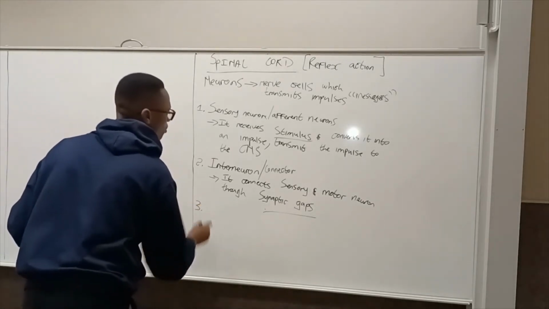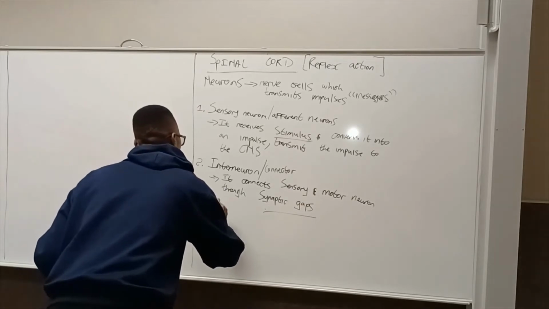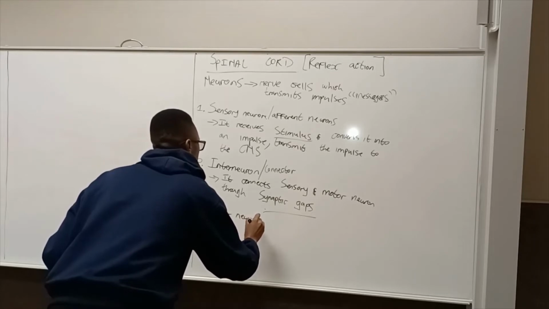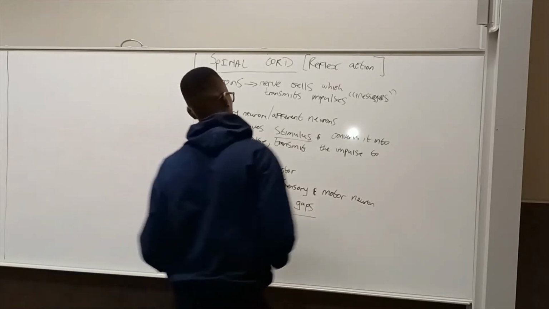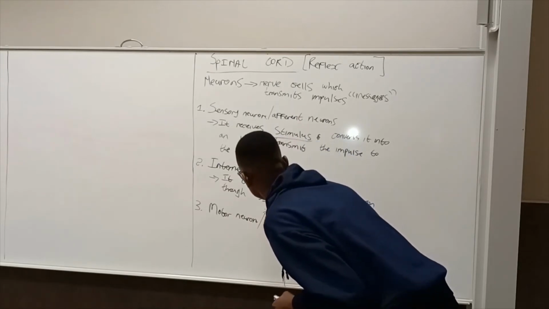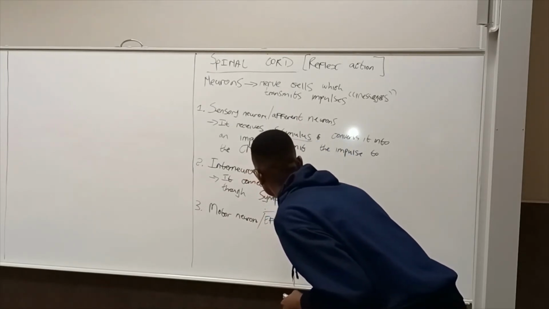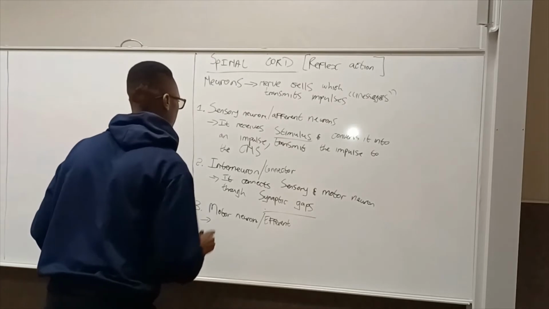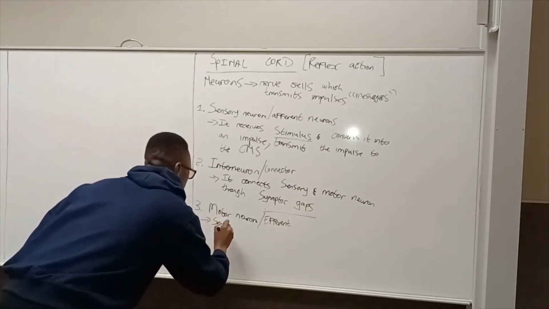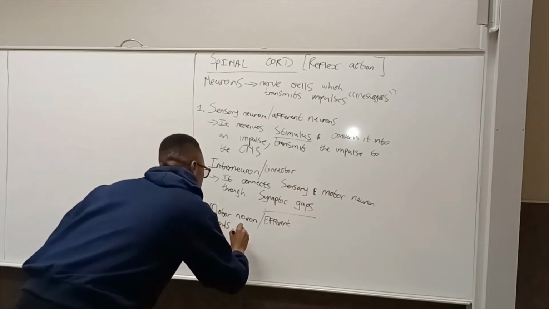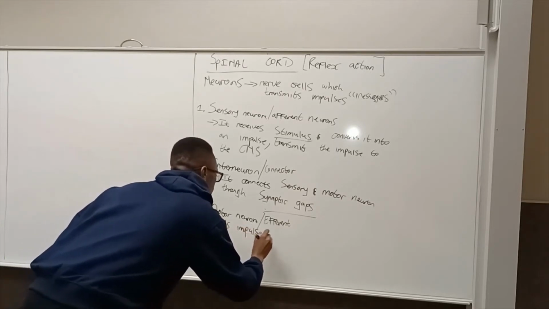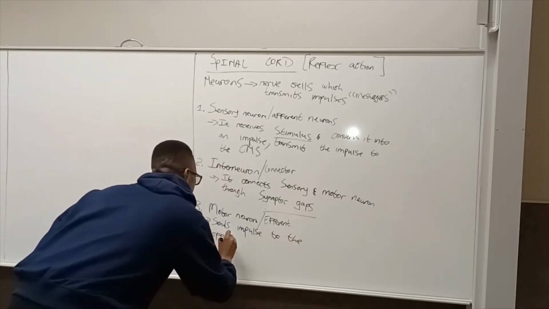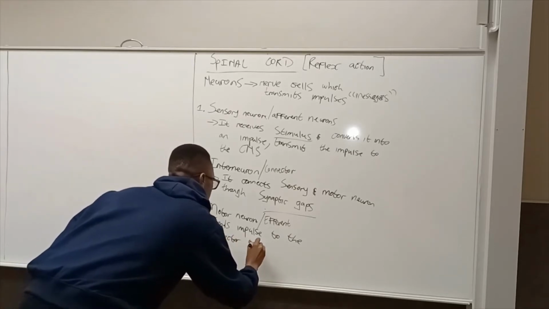And then we have the other neuron, the motor neuron, also known as the efferent neuron. This one sends or transmits the impulse to the effector organ.